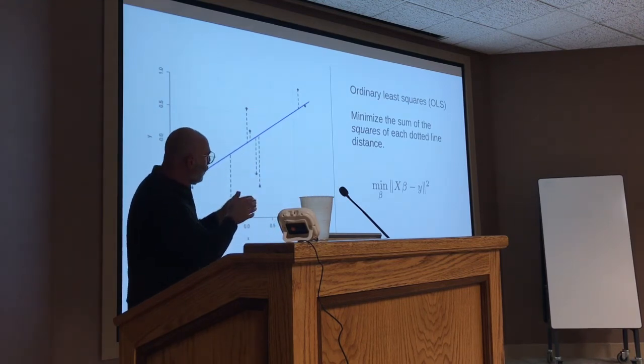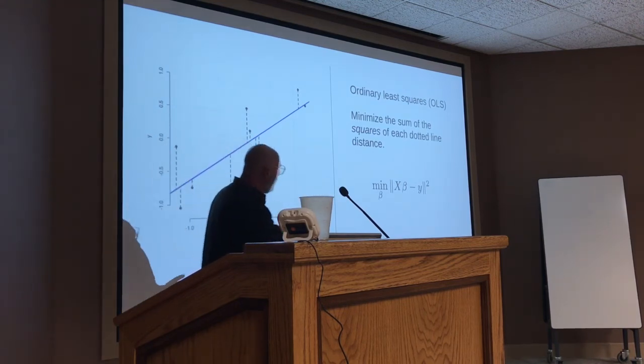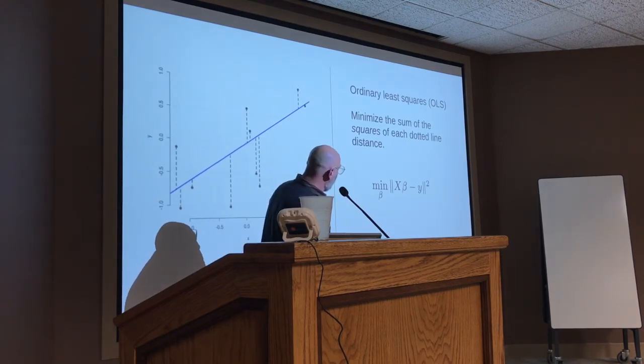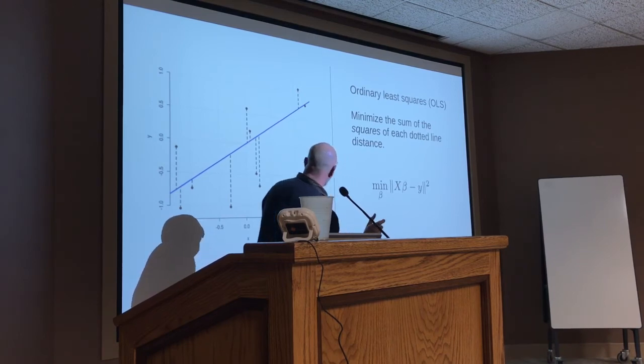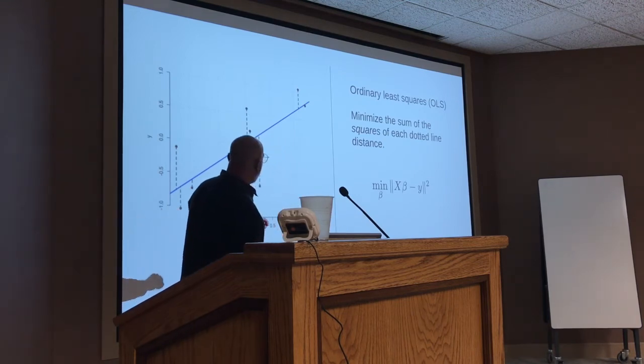And so one way to do this is to find a value of B that minimizes that residual error subject to that probability constraint.